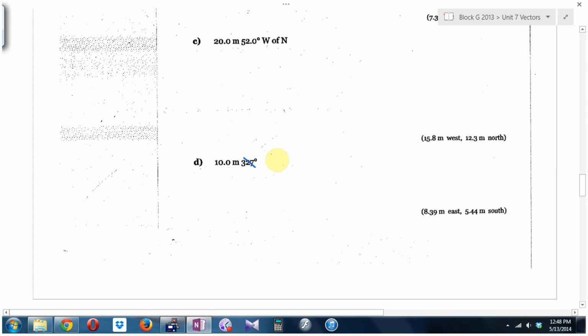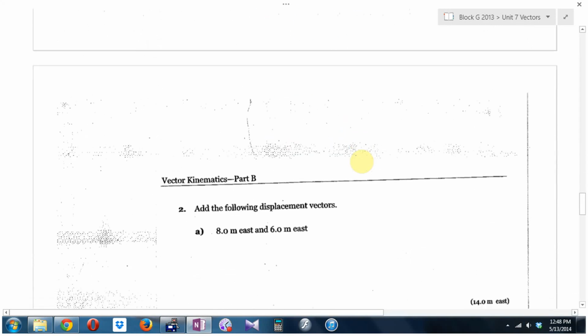I think it's going to be 33 degrees. So cross out the 327, and instead it's 10 meters at 33 degrees south of east. Now you can do D.